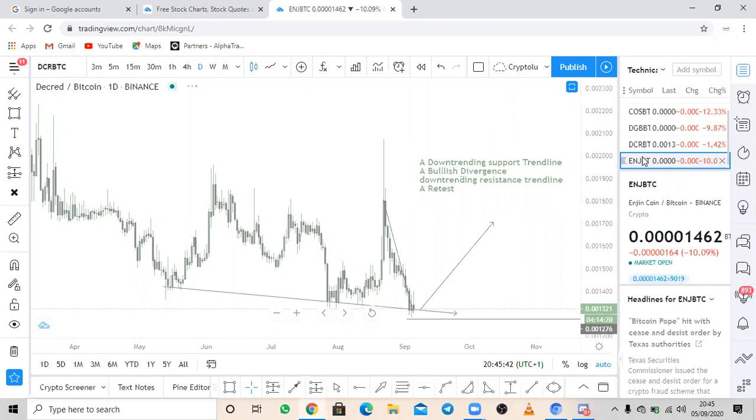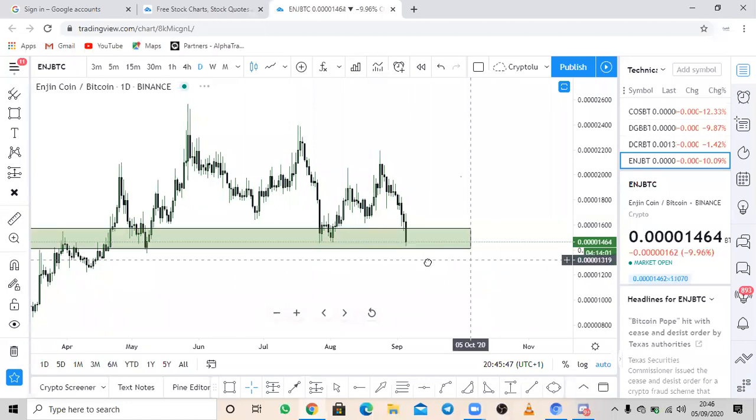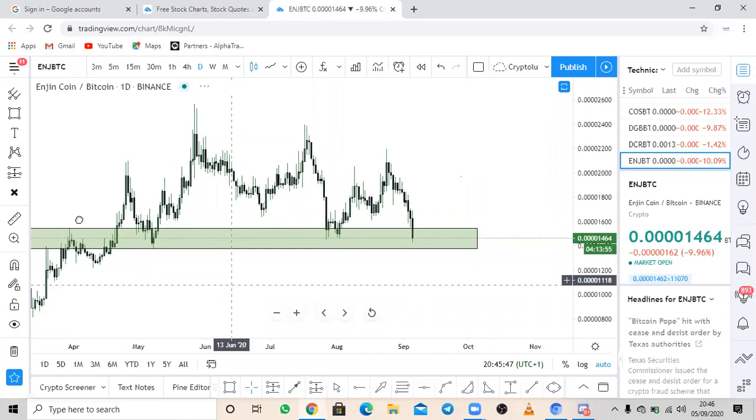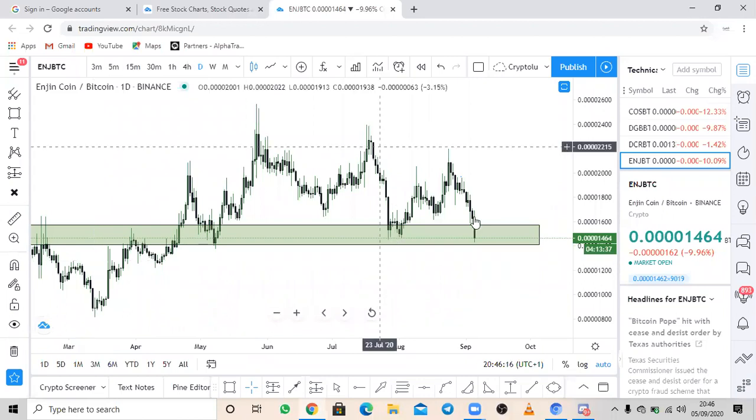Okay, so on this ENJBTC chart, you can see the price is around a support level. We have price on a support level here. Price first came into this level before it broke above and came back for a retest, before going all the way up again and coming back down, and now it's back to this level here.